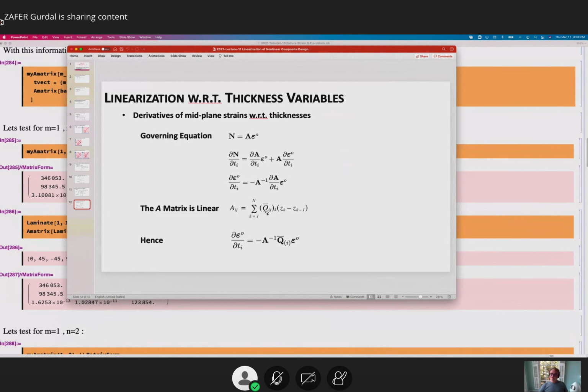Do you know a way to linearize the Q-bar matrix? It's a question to everybody. Think about this. Do you know a way to make the Q-bar matrix expressed in a nice linear fashion?